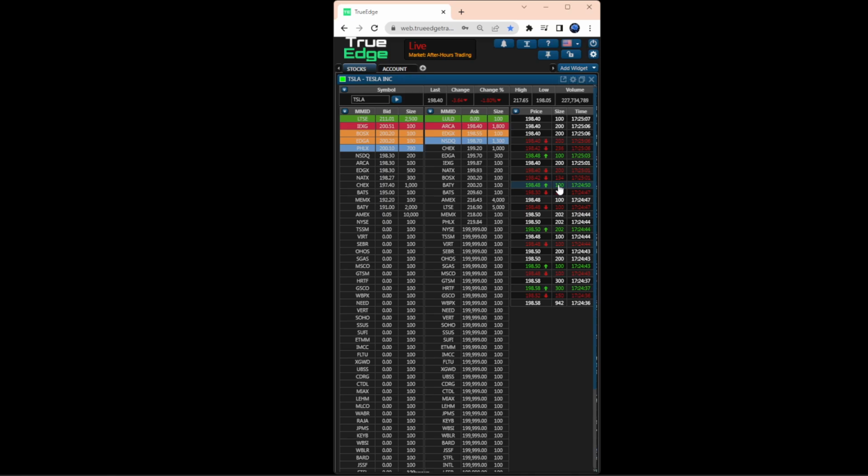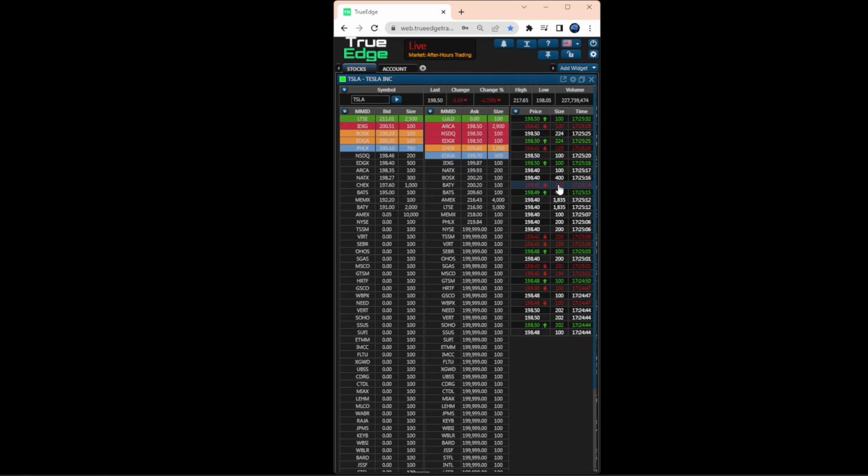So, in other words, I didn't want to buy at the available offer, but I was willing to buy somewhat below it, and I didn't want to sell at the available bid, but I was willing to sell slightly above it. And when those two orders match up, in other words, when two limit orders match with each other, which will only happen if it's in between the bid and the ask.